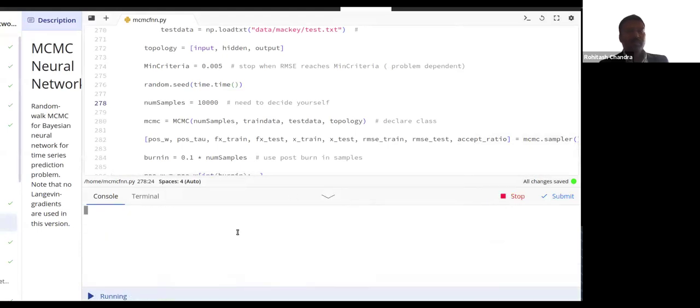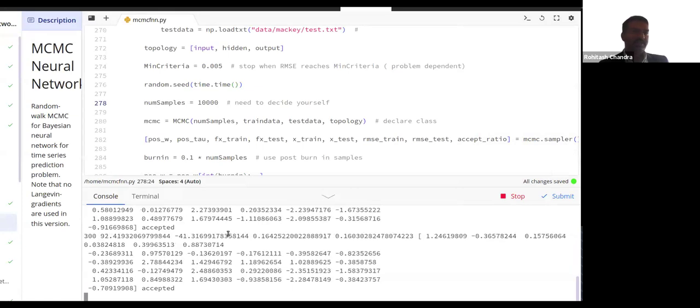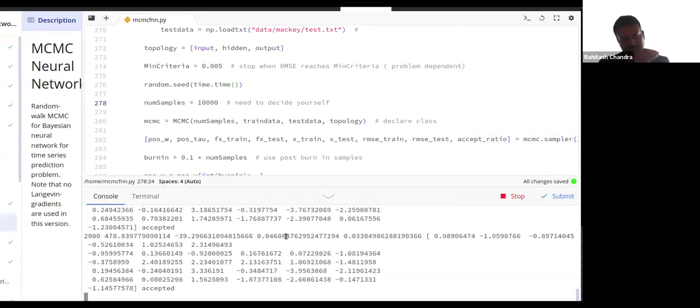So we can run it again with 10,000 samples and see what we get. Now when we're doing the 10,000 samples, basically the first 1,000 samples are discarded.